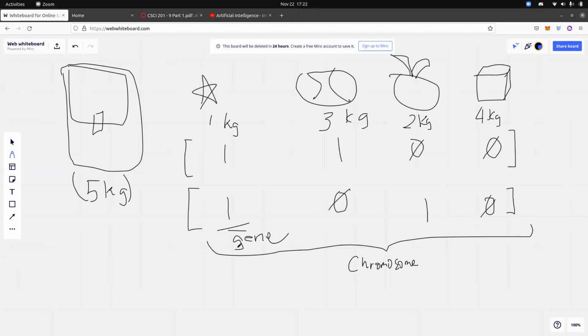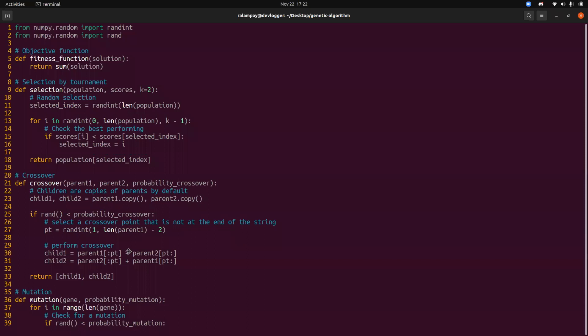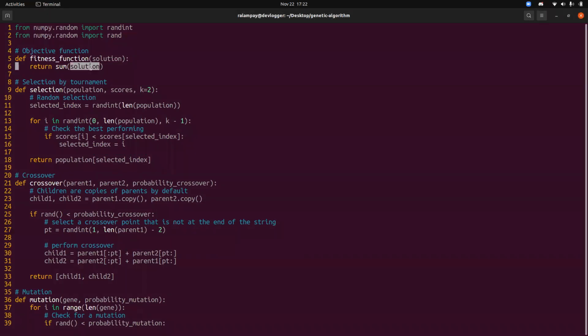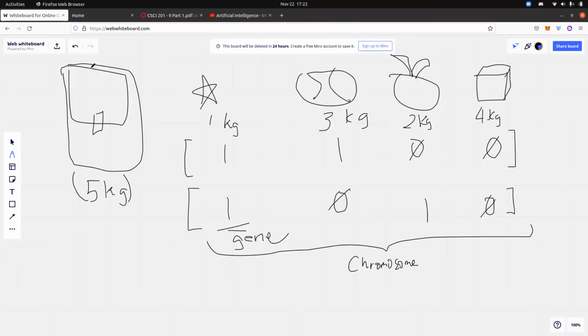Okay. So therefore, your fitness function will still be the same as the fitness function in our GA example. Right? You sum everything together. It's such because your representation is not the weights. Your representation is the presence or non-presence of the object, right?